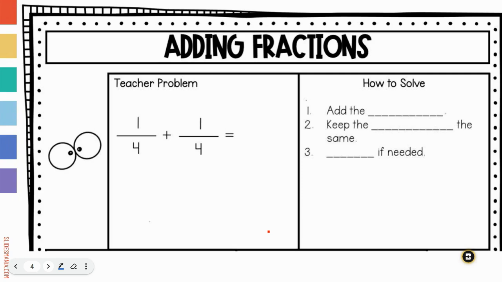So how to solve? Number one, we want to start by adding the numerator. Now remember, the numerator is the top part of the fraction. Number two, keep the denominator the same.